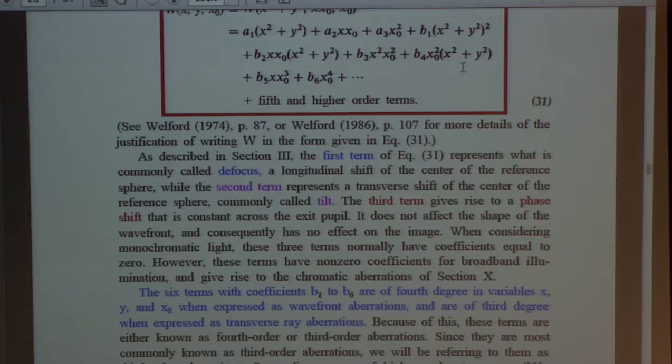Because if we go back above to our transverse aberrations or longitudinal aberrations where we take a derivative, the transverse ray aberrations will be third order because of the derivative. So you can call these either fourth order aberrations or, more commonly, third order aberrations. And if you kept more terms here, you'd have the fifth and seventh and higher order terms. But we're just going to talk about these here as the Seidel aberrations.